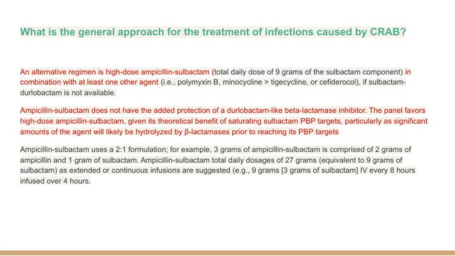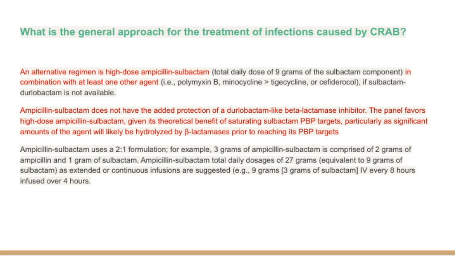When the preferred option of sulbactam-durlobactam isn't available, an alternative approach is to use high-dose ampicillin-sulbactam. Specifically, we aim for a total daily dose of 9 grams of the sulbactam component. It's important to combine this with at least one other agent, such as polymyxin B, minocycline, preferably over tigecycline, or cefiderocol, to enhance efficacy.